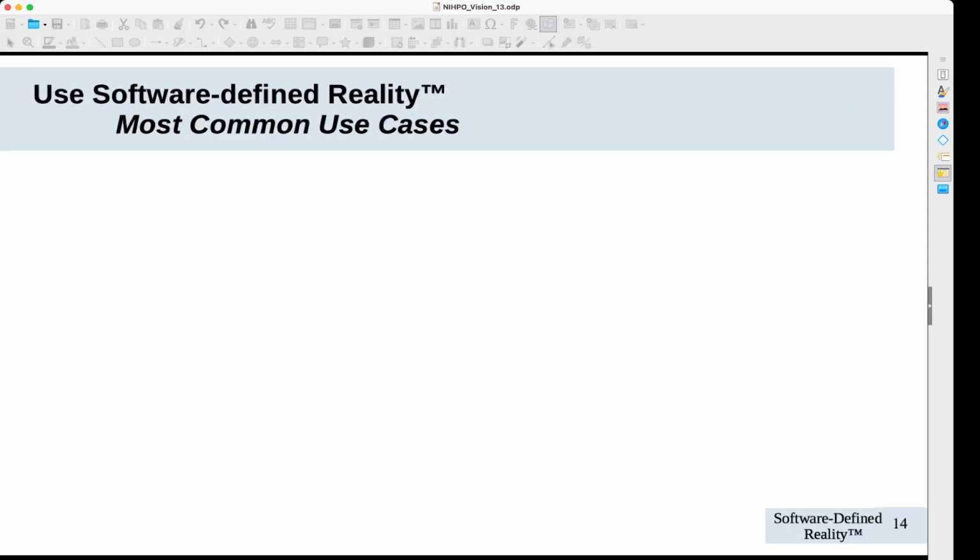The next step is looking at the most common use cases for this synthetic data. When you look at realistic and accurate synthetic data, we can build synthetic people, such as synthetic patients, synthetic consumers. We can build synthetic places.